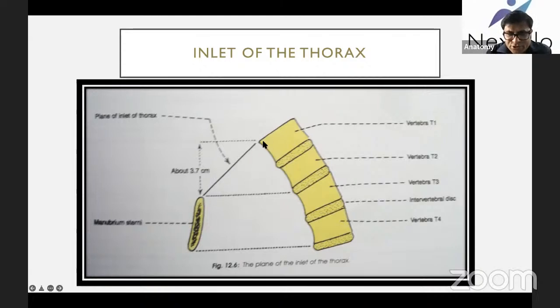The first rib reaches the first thoracic vertebra, so the thoracic inlet is dipping down by around 3.5 centimeters, which makes an angulation of around 45 degrees with the horizontal.